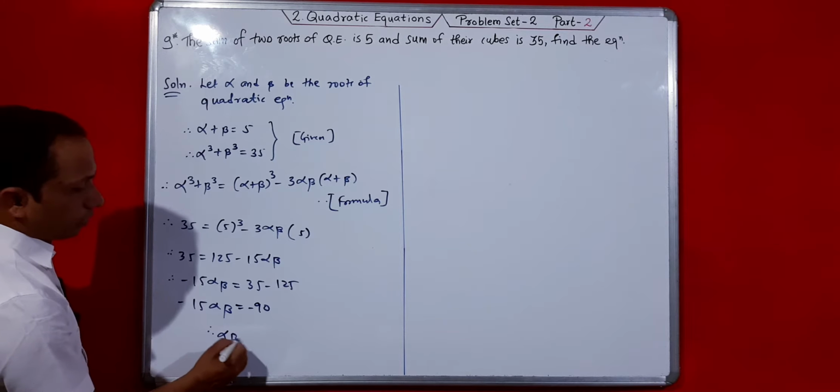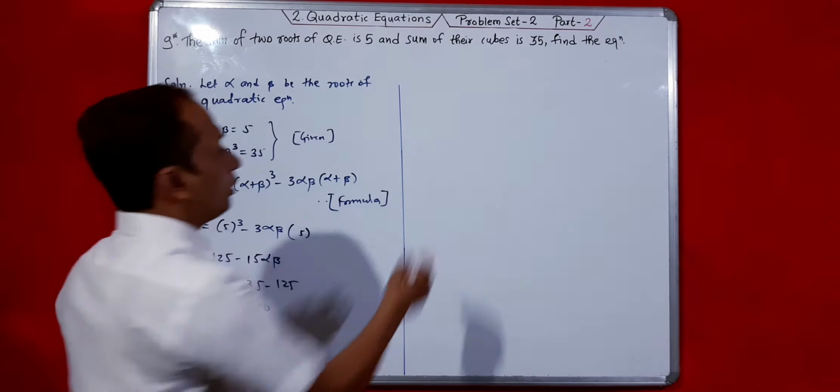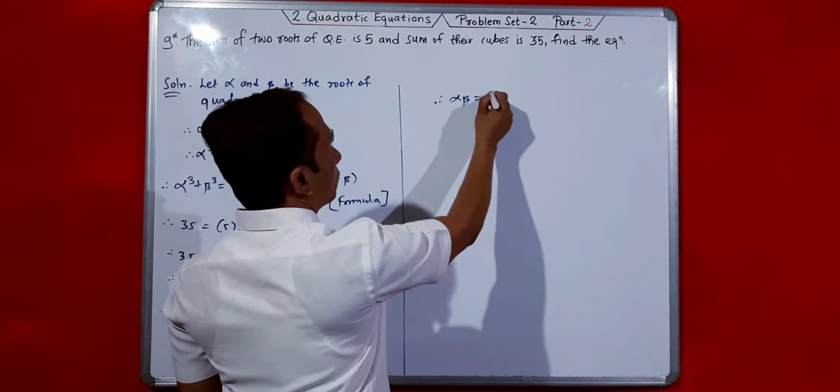Therefore alpha beta is equal to 90 divided by 15, which is 6.